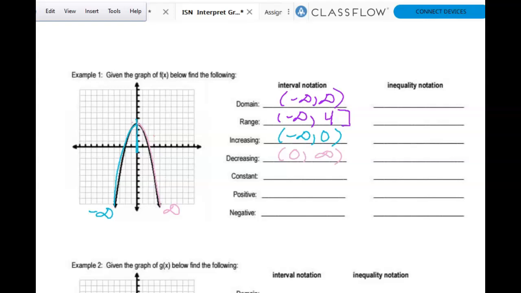Because why is it a 0? So we're describing an X.